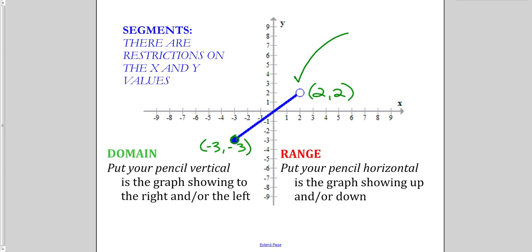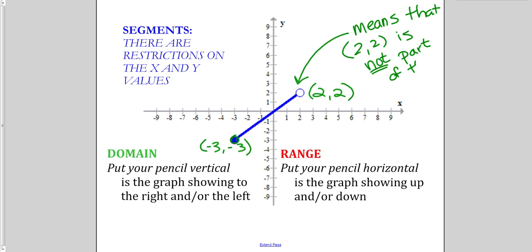Now, this open circle means that 2, comma 2 is not part of the function, which is important because that affects how we're going to write the domain and range.